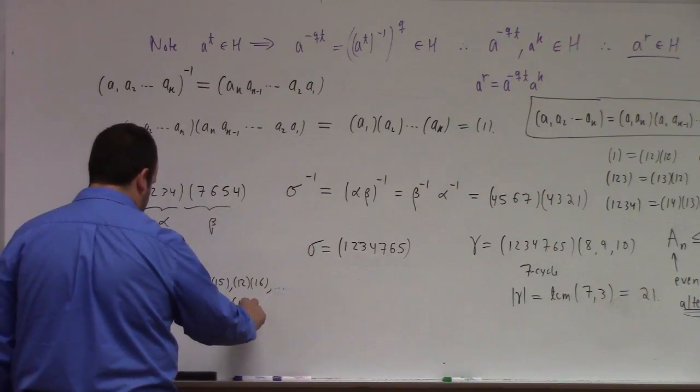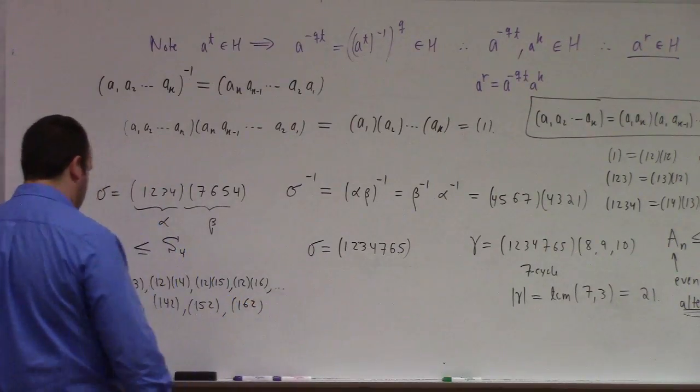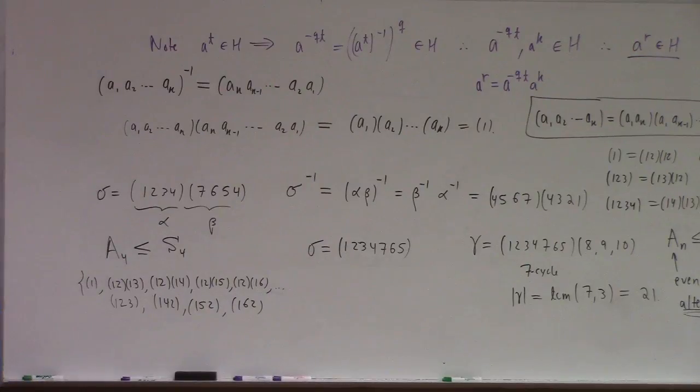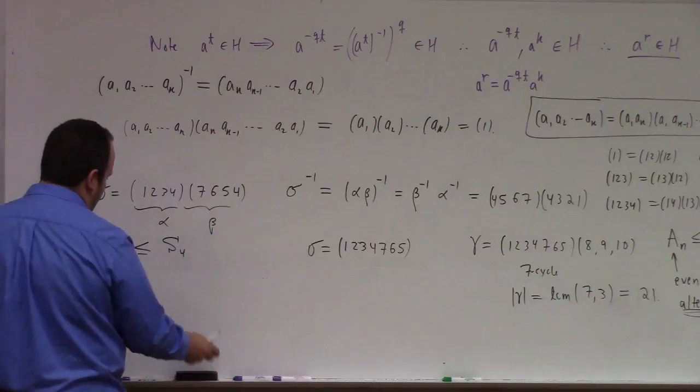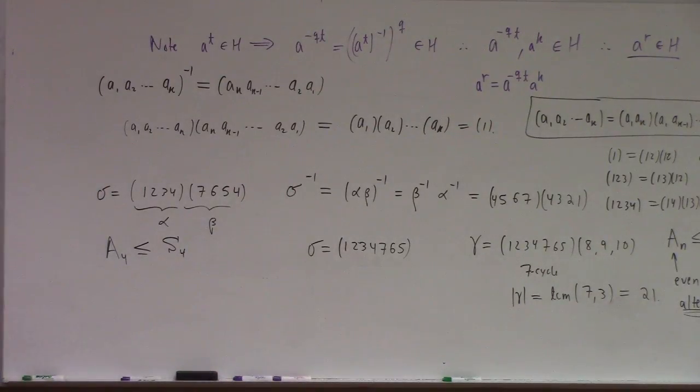This one is 1, 6, 2, I think. Anyway, I'm not sure how to answer that question right off the top of my head, but I have to think about that more. I don't know good advice to give on that problem just yet.